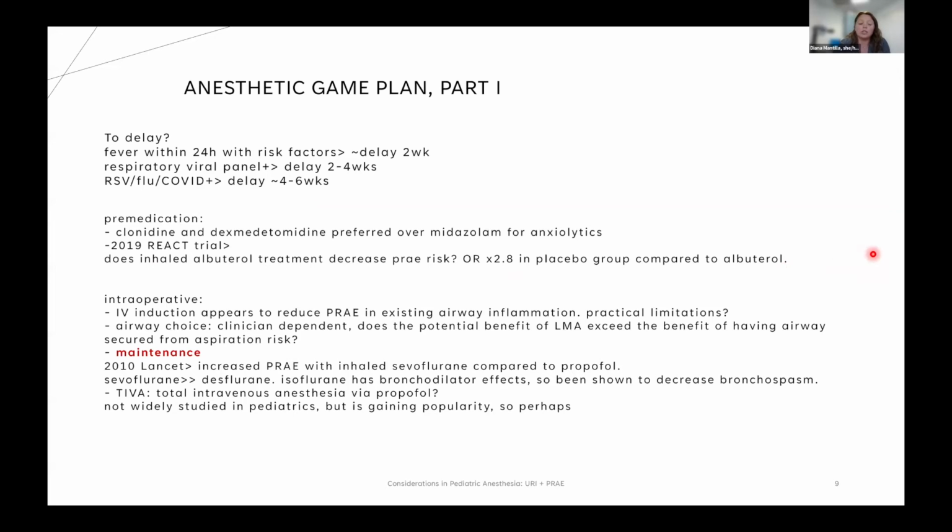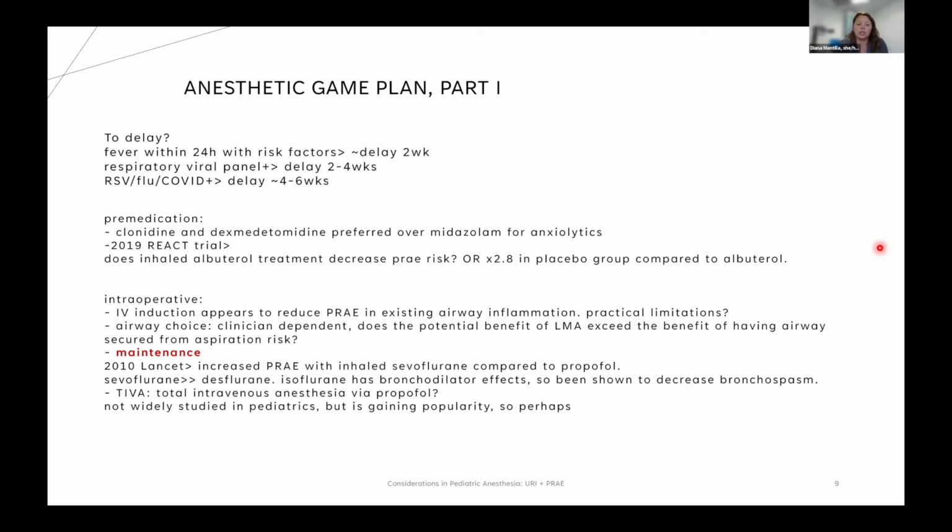It seems rather intuitive, but it's something that we didn't really research until 2019, even though these discussions were starting in the 1990s. And interestingly enough, yes, when we administered the albuterol treatment, they were found to be 2.8 times less likely to have PRAE when they were pre-medicated with albuterol.